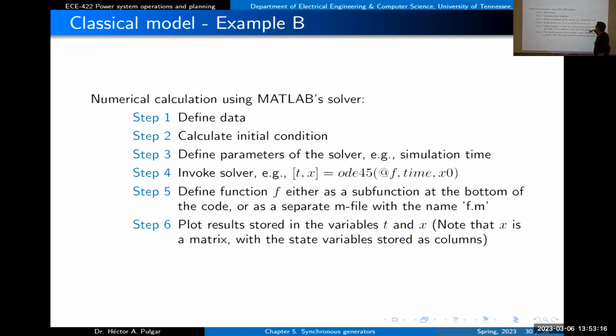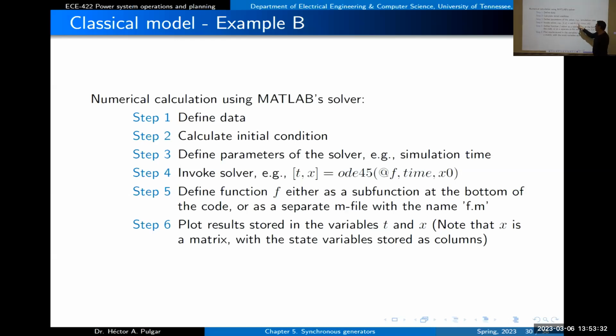And when you invoke this function, you need to specify the set of equations we need to consider for the system, the window of time in which we're going to have the simulation, and the initial condition for the simulation.